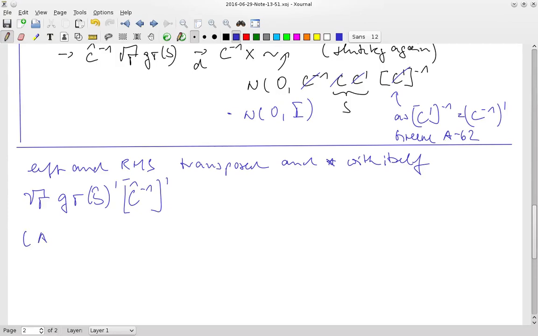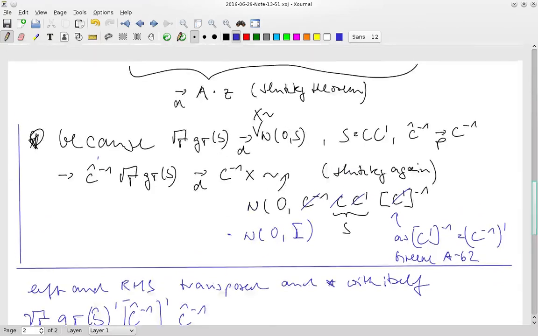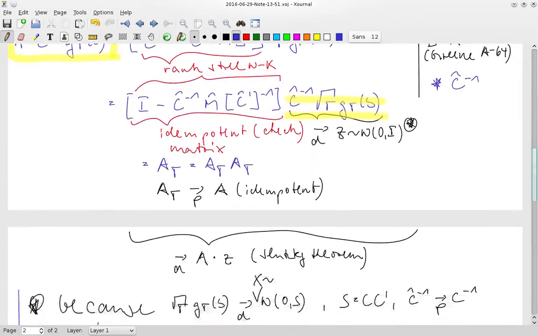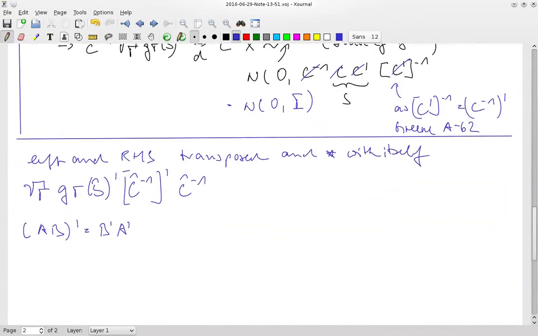Recall the old result, (AB) transpose is B prime A prime. Just apply this result to the left hand side. And I said then I'll take the original left hand side, here we go, and multiply it. So it goes with g_T of b hat.